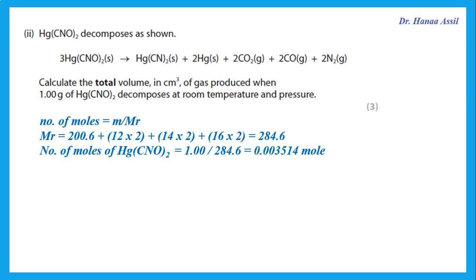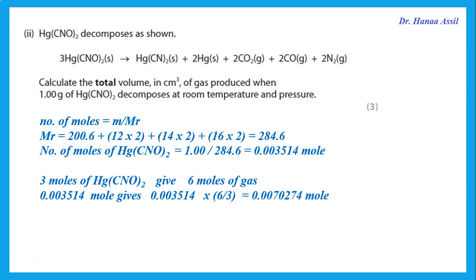Now we're being asked about what? About the total volume of gas. Where are the gases? The equation says 3 moles of the reactant gives 2 moles of CO2 plus 2 moles of CO plus 2 moles of nitrogen. That's a total of 6 moles of gas. So 3 moles of the reactant give 6 moles of the gas, and that means you need to multiply by 6 over 3.